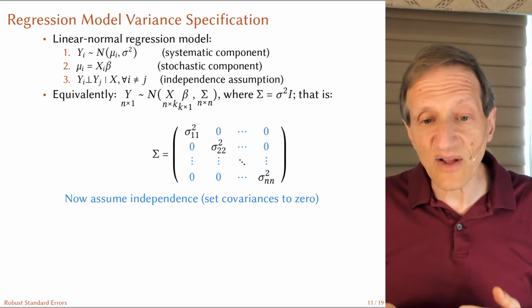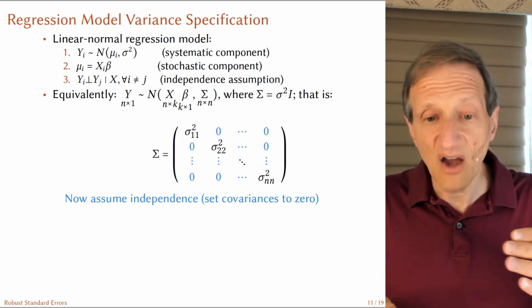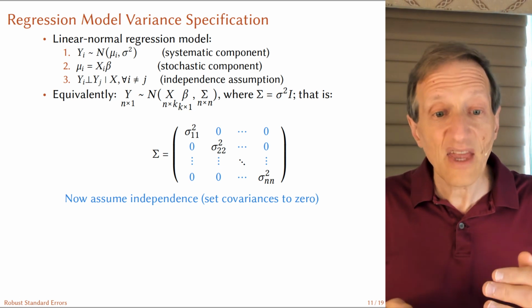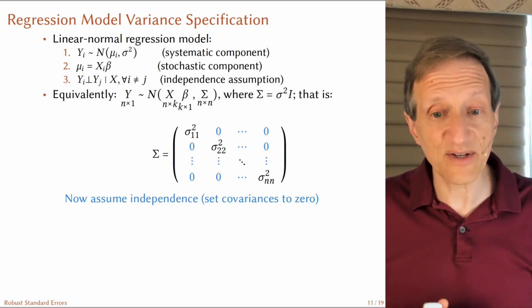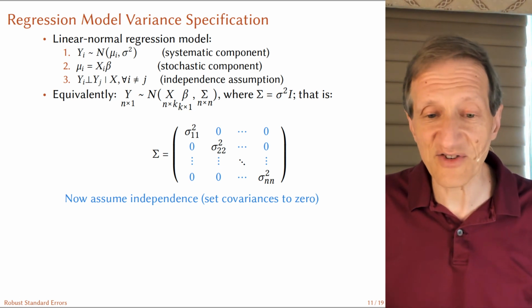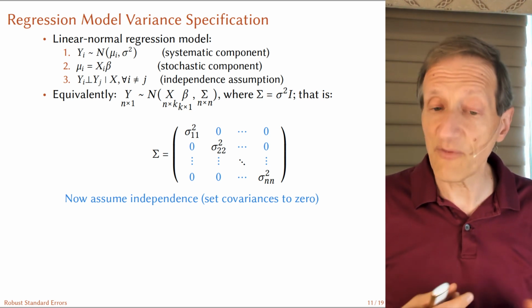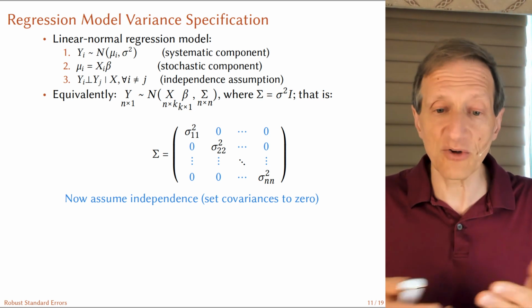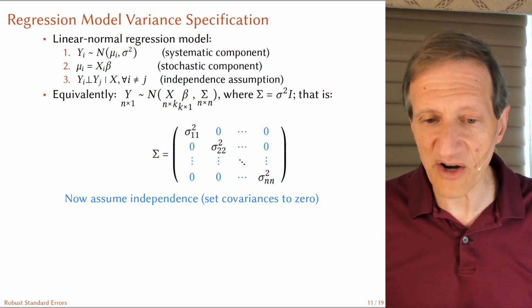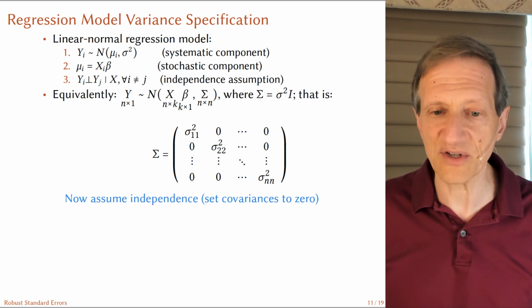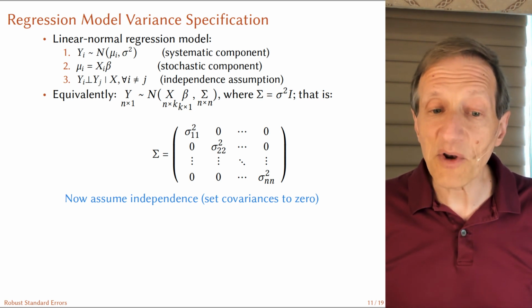The diagonal elements are not necessarily the same. In linear regression, we set the covariances to 0, so I just did that. You can see there 0. We're going to assume independence. If we assume independence, we get one step closer to the linear normal regression model by setting those covariances to 0. Okay, so now what do we do?